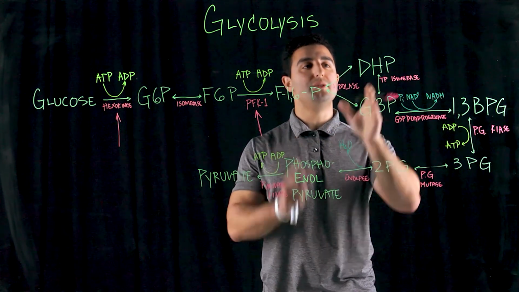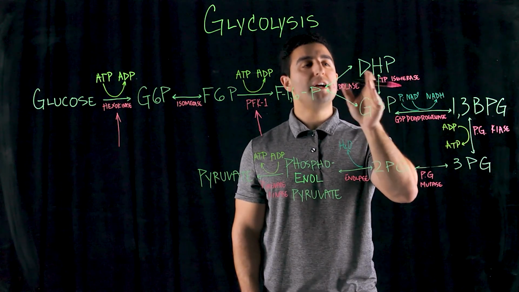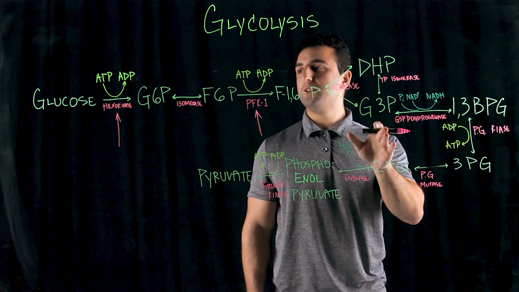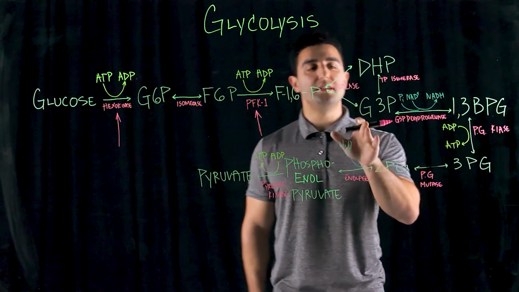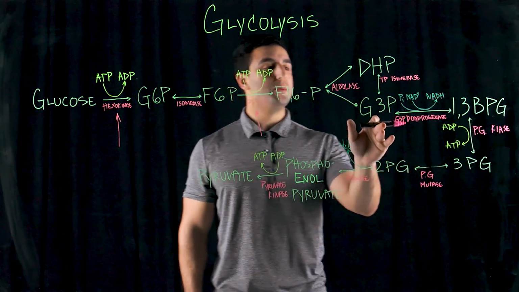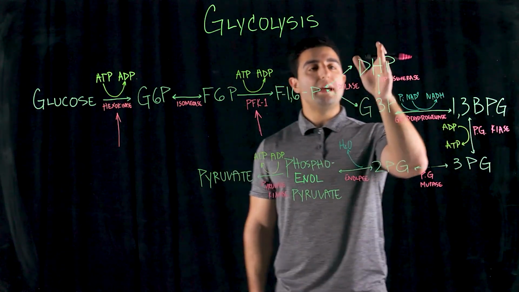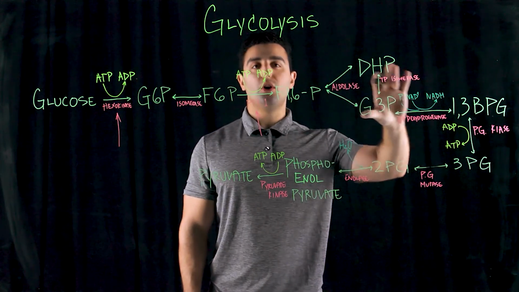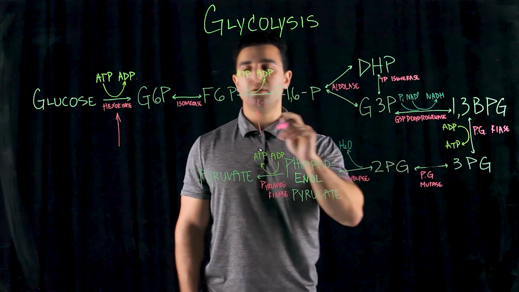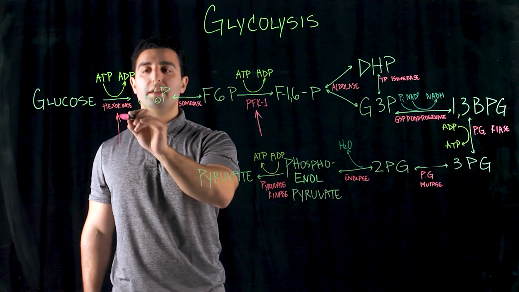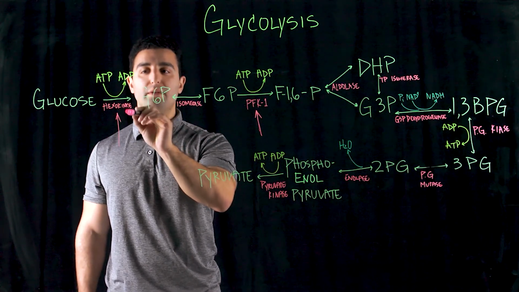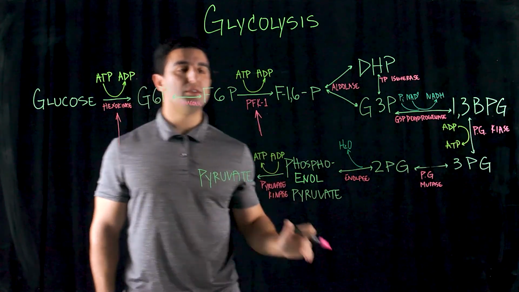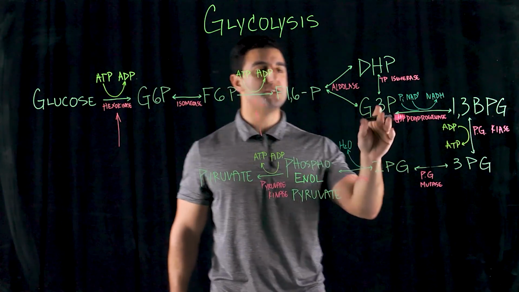Aldolase breaks it up into DHAP, dihydroxyacetone phosphate, and G3P, glyceraldehyde 3-phosphate. Between these two molecules, this is all reversible. This can go back and forth. So the only ones I've taught you so far that are completely irreversible are hexokinase and phosphofructokinase. Everything else is reversible.